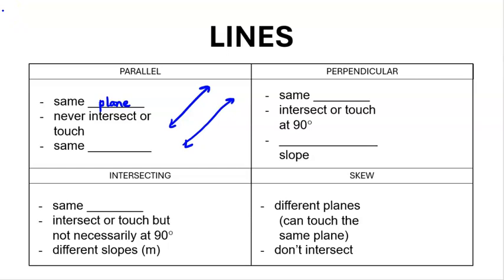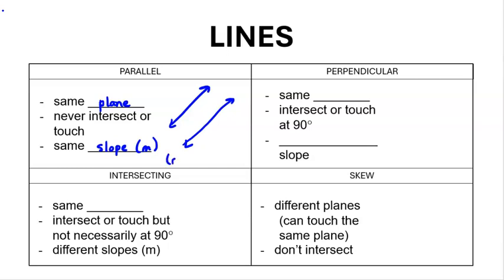They also have the same slope or m value. So when we're thinking about slope-intercept form, which is y equals mx plus b, they're going to have the same m. When you are thinking about y minus y1 equals m times x minus x1, which is point slope form, they're going to have that same m value.